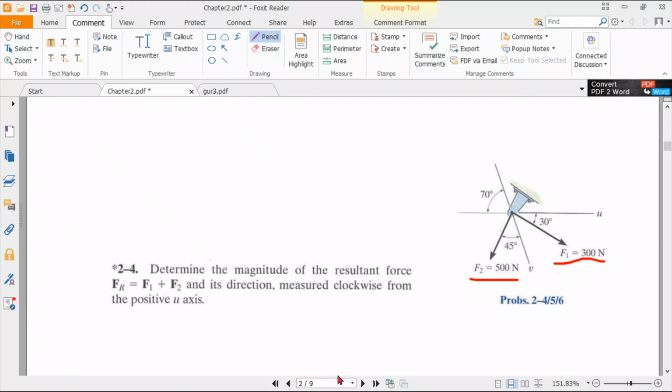Now let's draw the forces again. First we have the u axis, and then we have another axis, which is v.